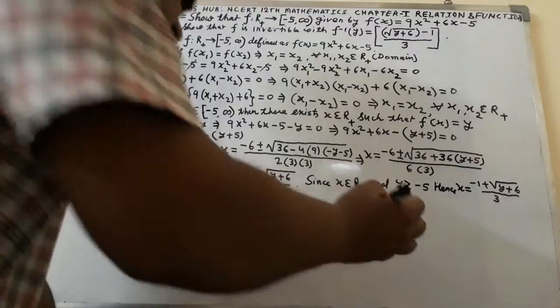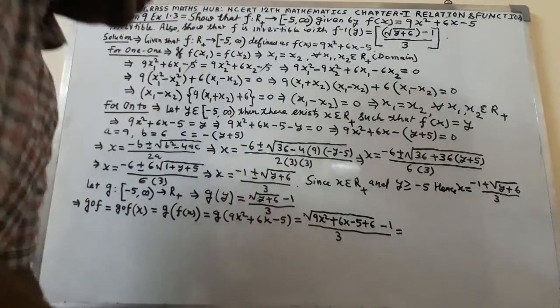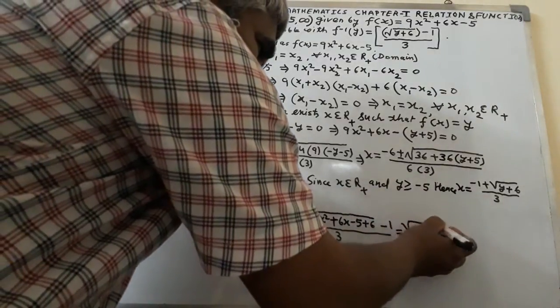Now what to do next? Next I shall write implied that, equal to, just simplify this one.